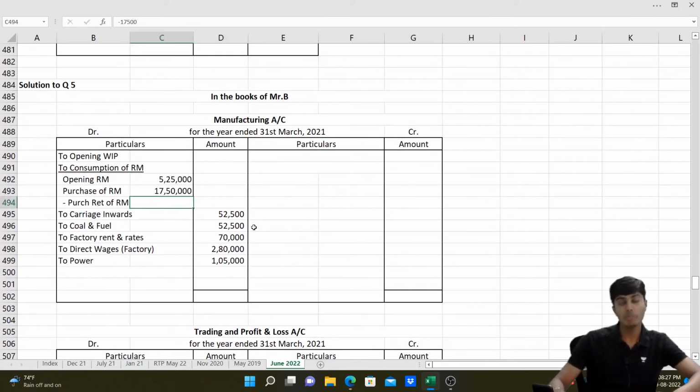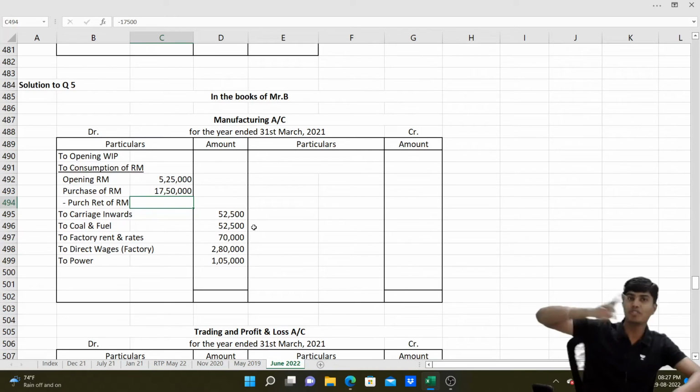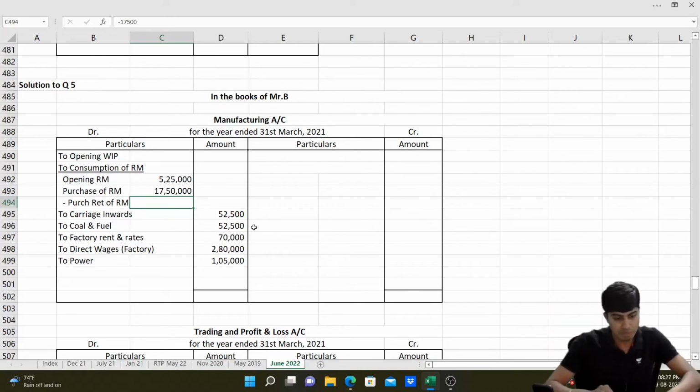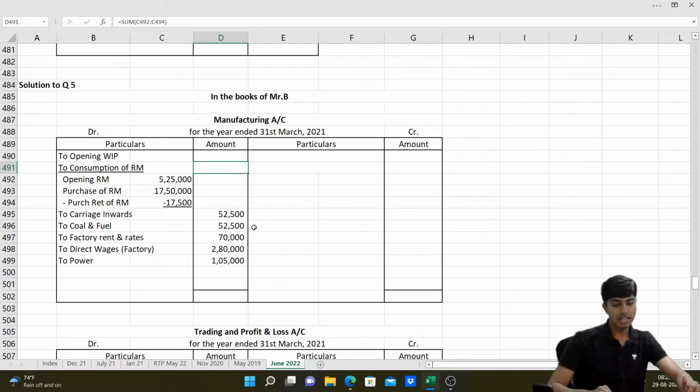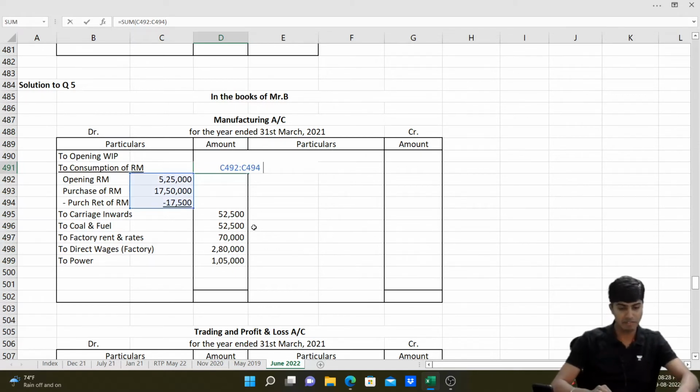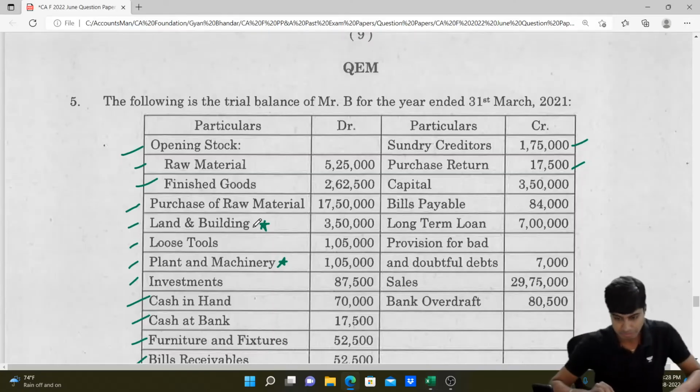We are purchasing raw material which is later converted to finished goods. So I'll deduct this purchase return also from raw material. I'll write purchase return of raw material minus 17,500. And I think we're done with consumption of raw material. 5 lakh 25 minus 17 lakh 50, sorry, plus 17 lakh 50 minus 17,500 gives us 22 lakh 57,500.